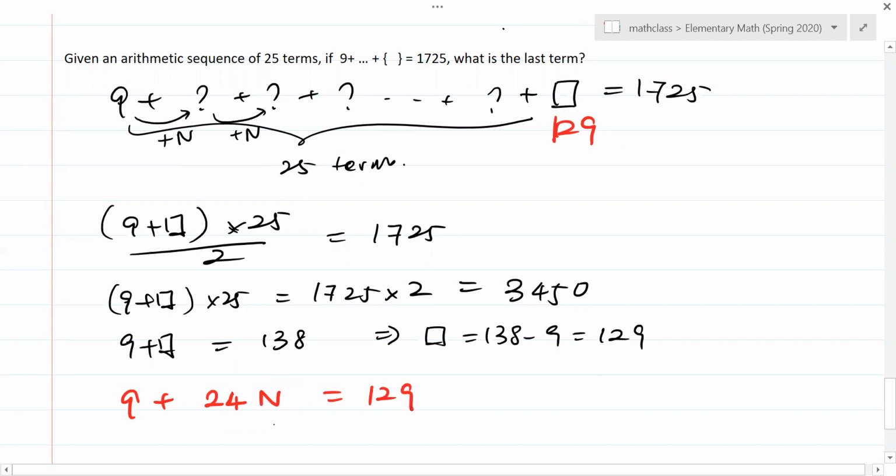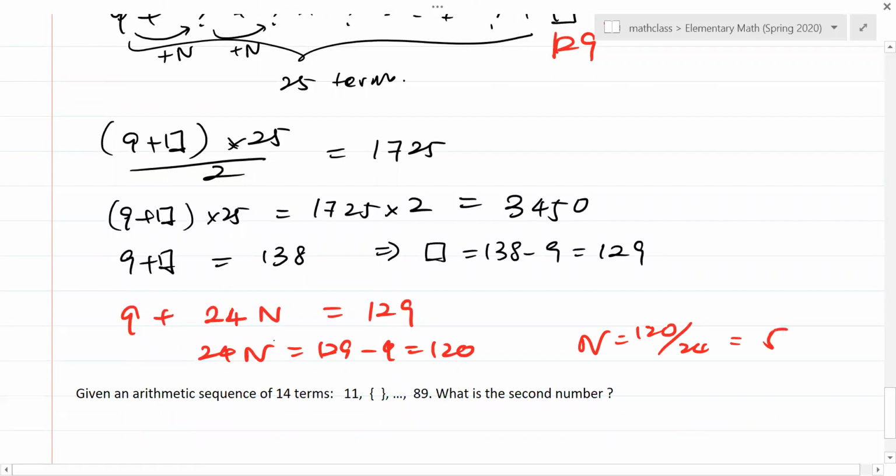It's going to be 129. So you can figure out n. n should be equal to 5, because 24n equals 129 minus 9, which is 120. And then n is going to be 120 divided by 24. So this is 5.